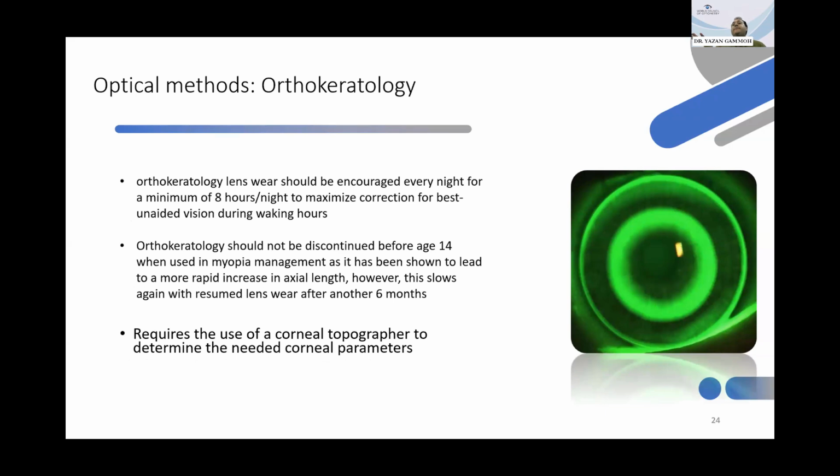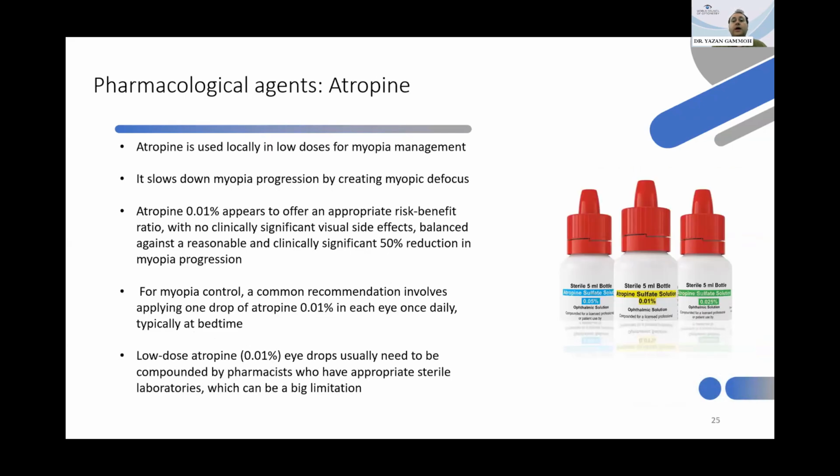And I am aware that many optical stores in the region do not have readily available an optical biometer and a corneal topographer. So these things will add cost or maybe challenge you in the way you manage your patients.